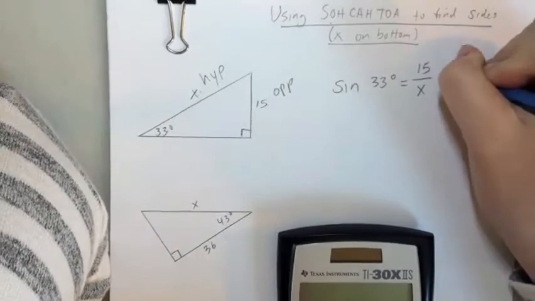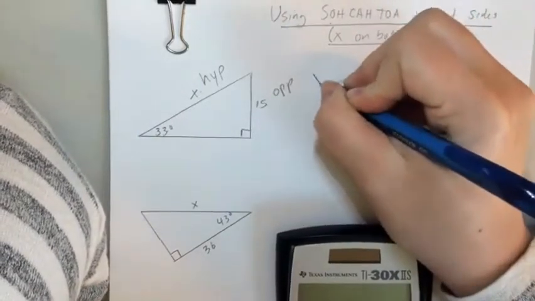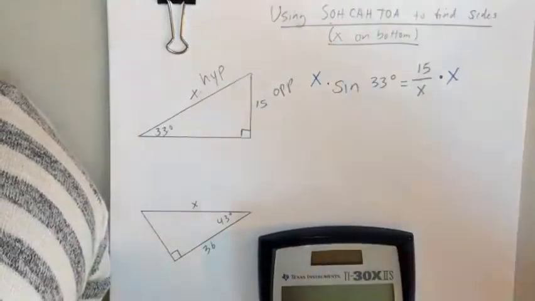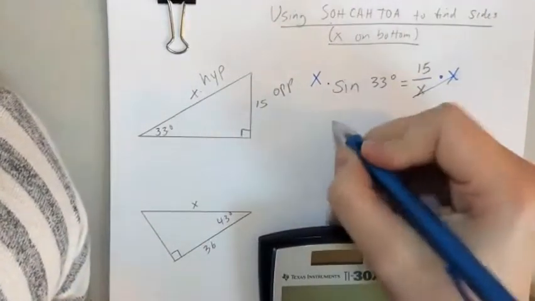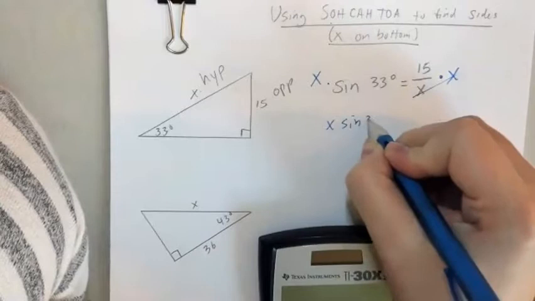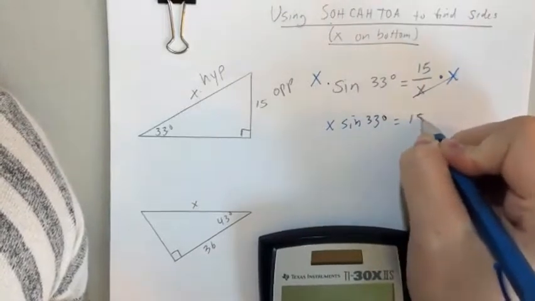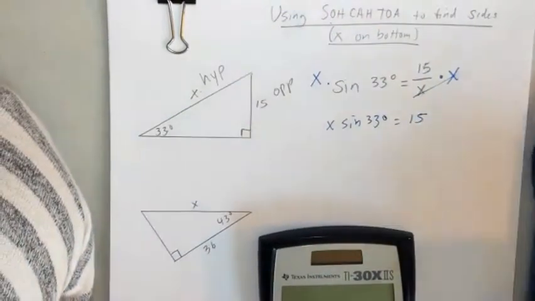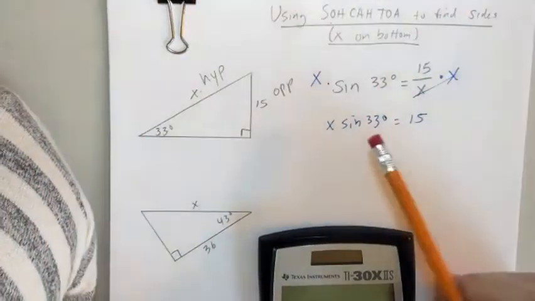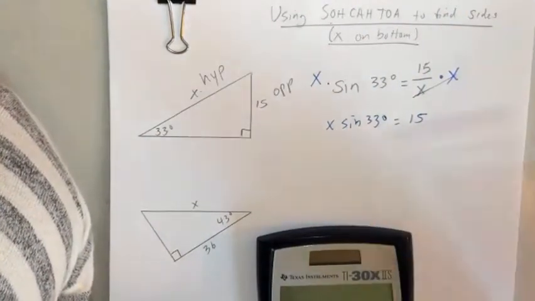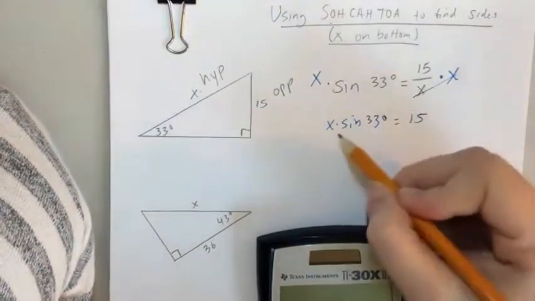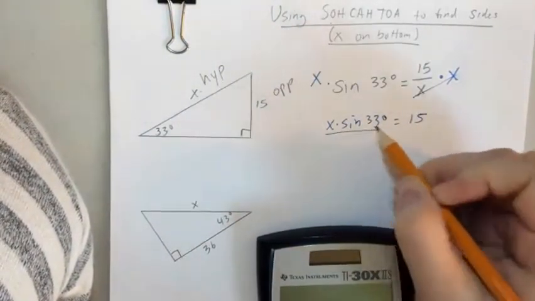So I'm going to multiply by X. That would cancel out here, and I'd end up with X sine of 33 equals 15. Well, now I want to get rid of sine of 33 because that's what's with X. This is being multiplied, so how do we get rid of multiplication? We divide.